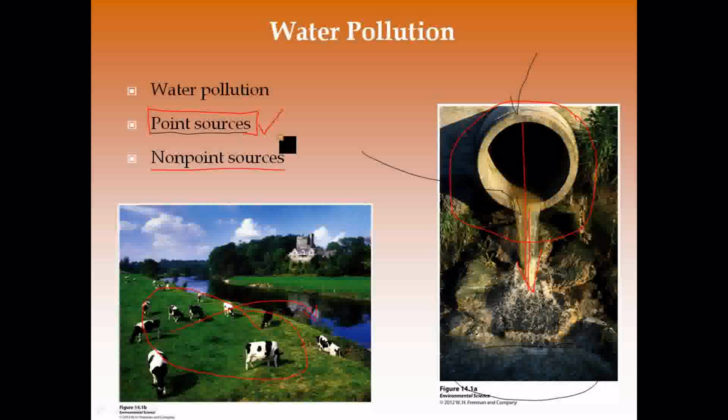We know where they are. We know what companies run them or who monitors them. And so if something nasty is ending up in the river, we go to those people. They get fined. We make them clean it up. Non-point sources, nobody's to blame. And so it's much harder to control. So most of the pollution that we have in our rivers today are from what we call non-point sources.